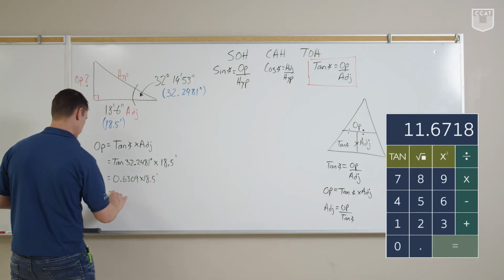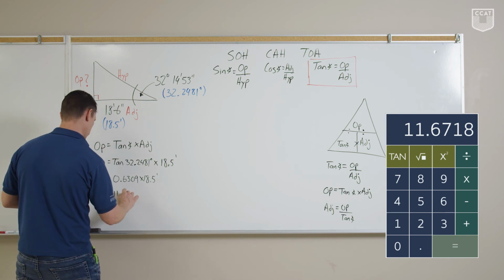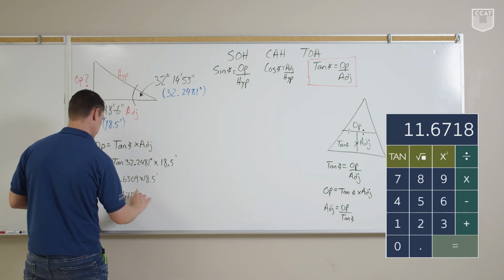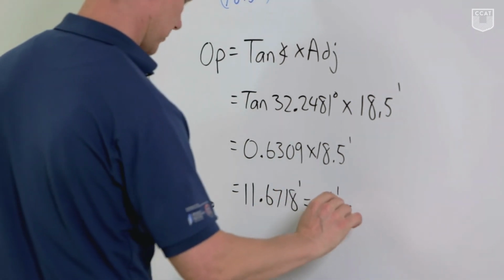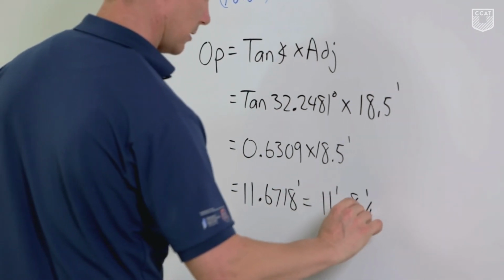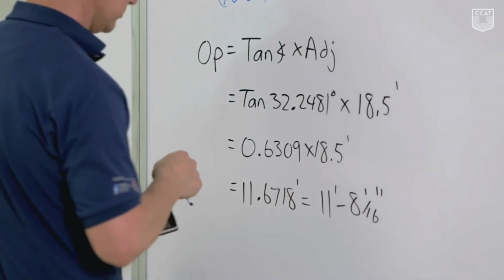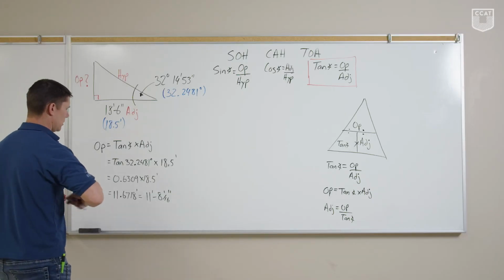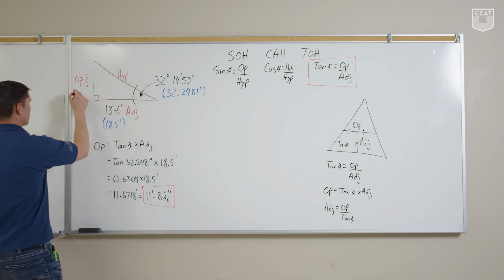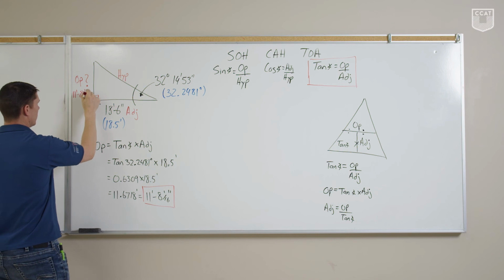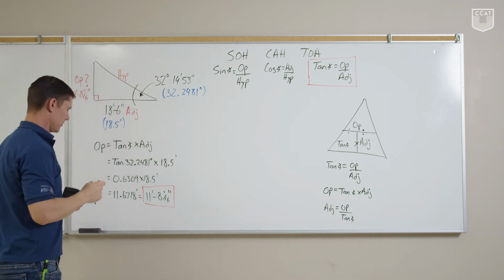And we're going to end up with 11.6718 feet. Okay, equals 11 foot 8 and 1/16 of an inch. Okay, so our opposite over here would be 11 foot 8 and 1/16 of an inch.